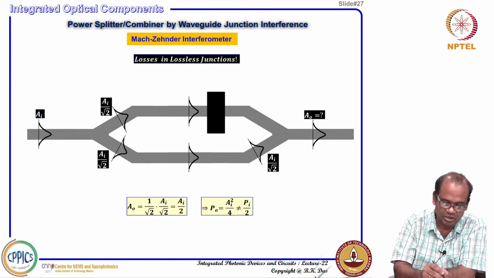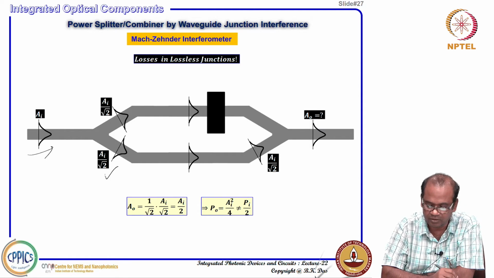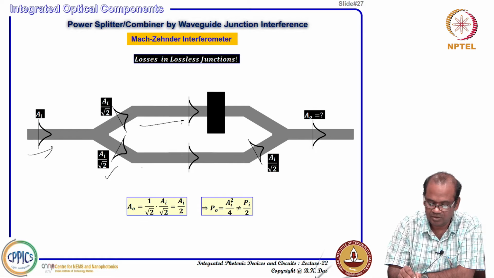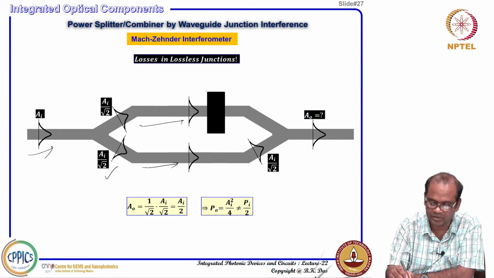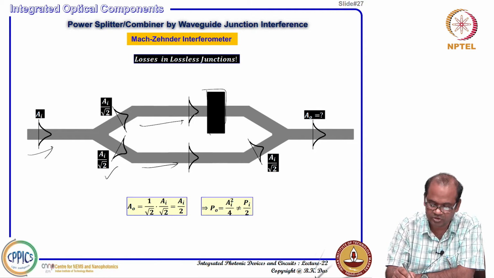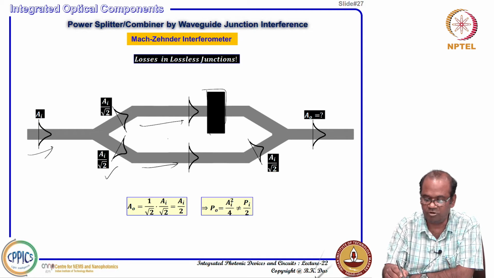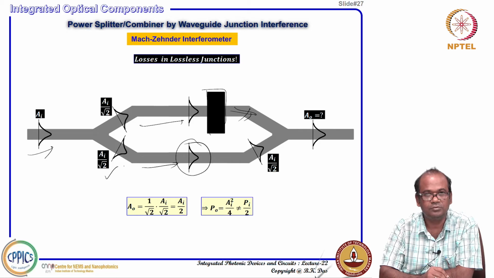Now, what happens? You are launching power, with amplitude A by √2 here and A by √2 here. It propagates through identical paths, and suddenly in the path, for example, you block one. That means it will be absorbed, it will not reach, it will not come out here. Then you have only this one.